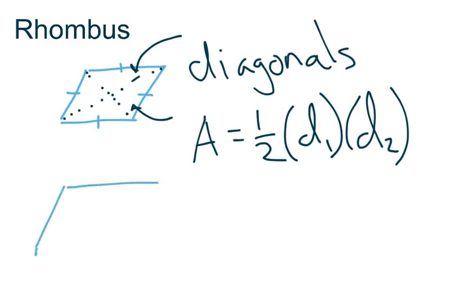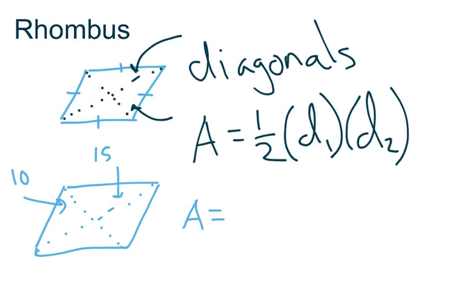Alright, so I'm going to try to draw it so they all look relatively congruent. Let's say that this diagonal right here is 15. And this one is a little bit shorter. Let's just say that is 10. So the way you'd find the area, you take 1/2 times 15 and 10.